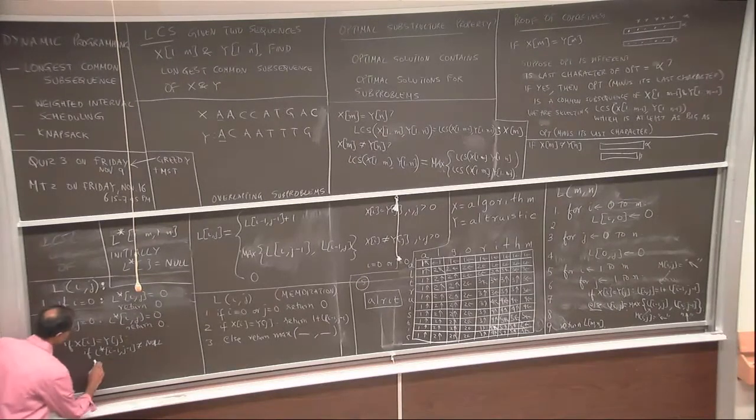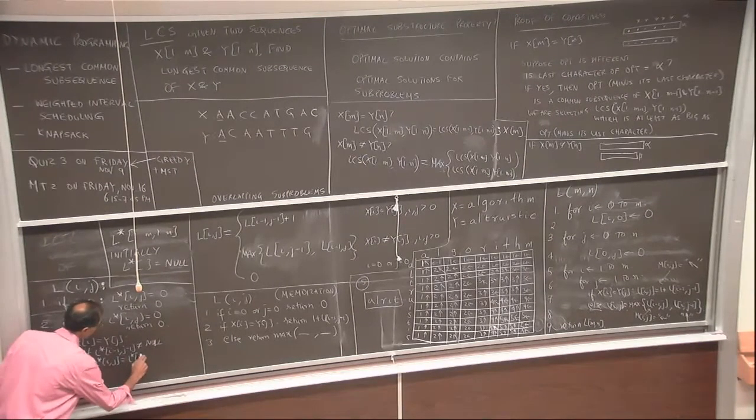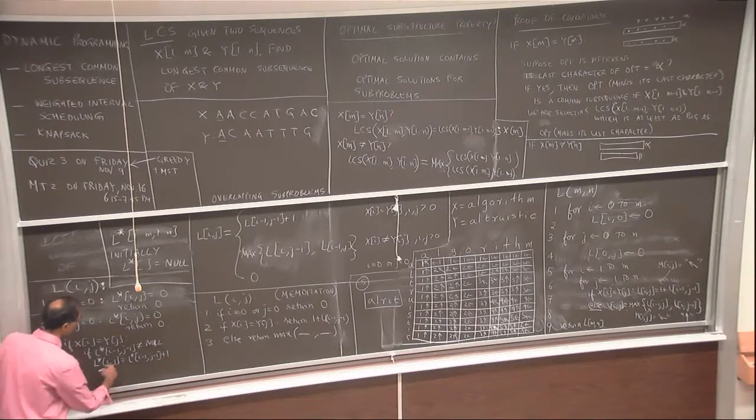Then you set L star ij equals L star (i-1, j-1) plus 1 and you return that.